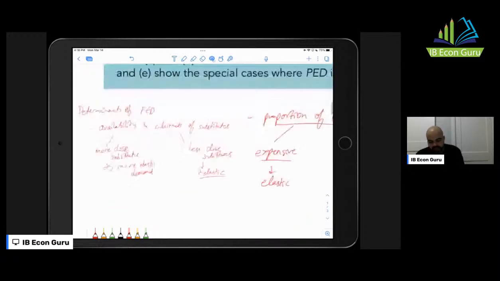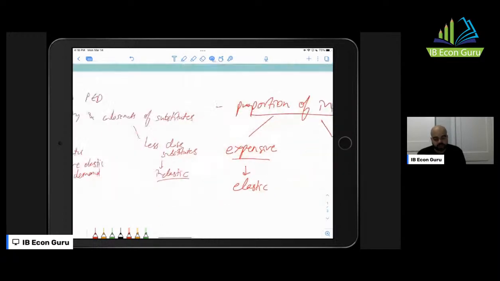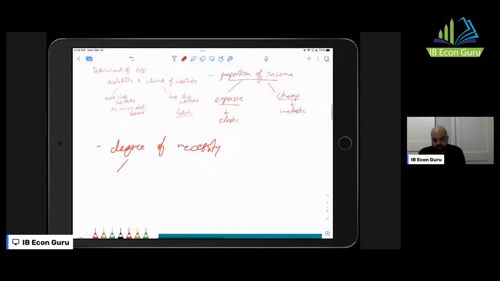So the first determinant is the availability and closeness of substitutes. Second determinant is proportion of income. The third determinant is the degree of necessity. Okay, how necessary this product is to the consumer. If the product is a necessity, maybe because it's habit forming or addictive as well. Remember, I'm not claiming that cigarettes are necessities.